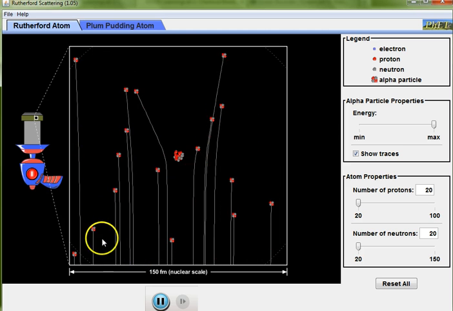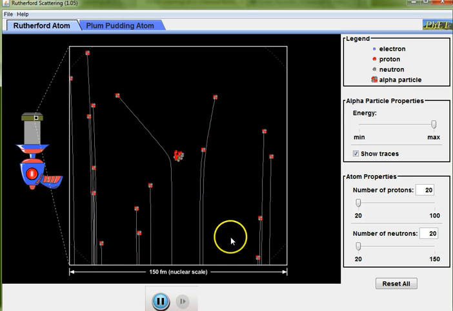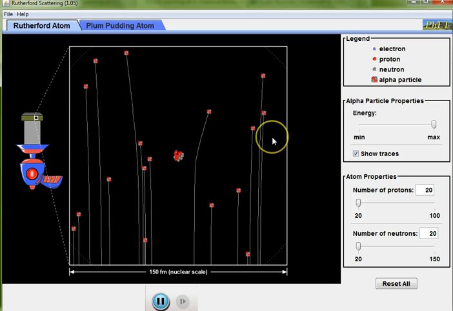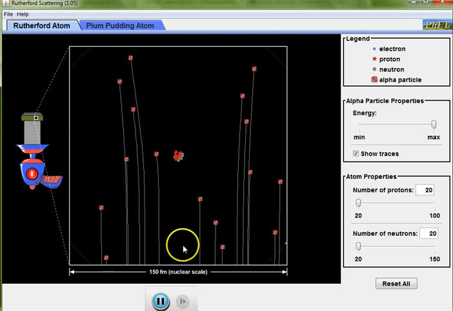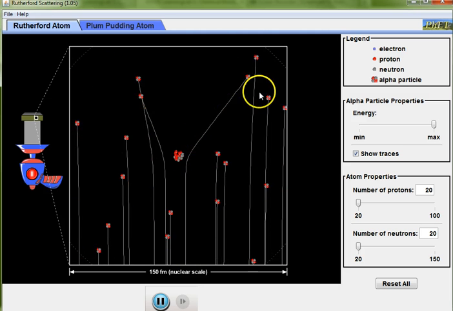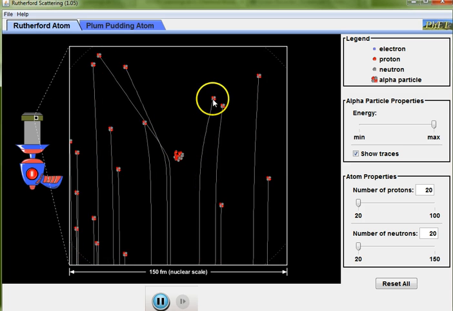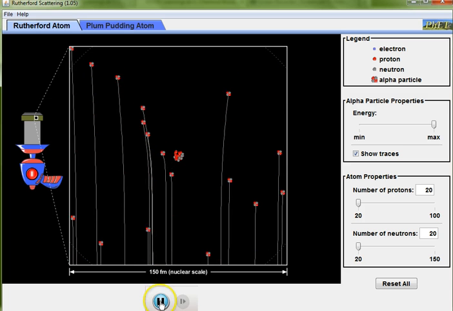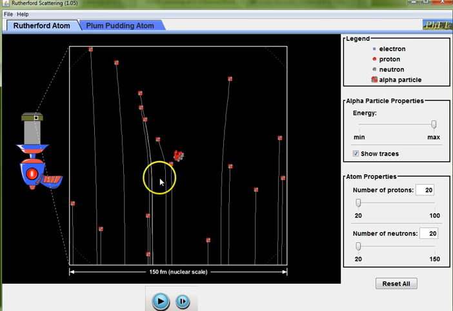You see that most of the alpha particles are going straight through. Even the ones that come close to this nucleus don't deflect as much as in the previous case, where even the far ones were getting deflected.